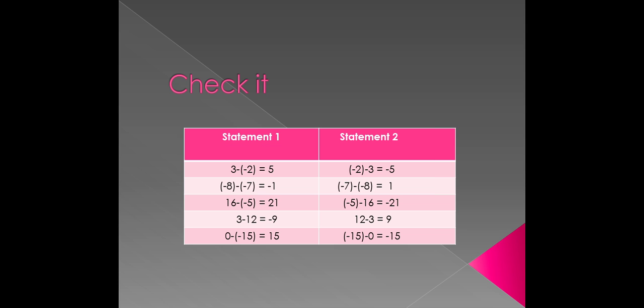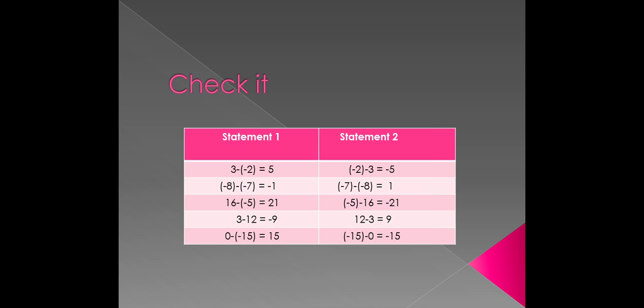See students, 3 minus minus 2 in statement 1, and in the second statement minus 2 minus 3. We changed the order and did not get the same value. In the first statement we got 5, and in the second statement we got minus 5.